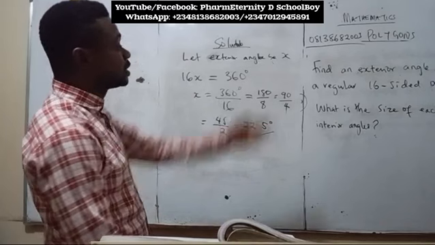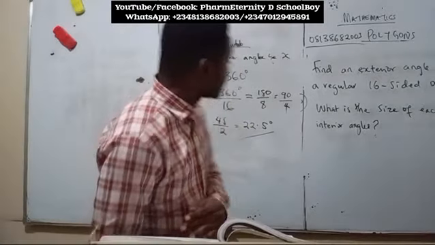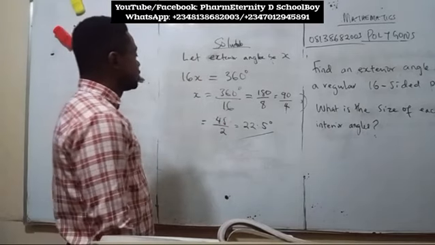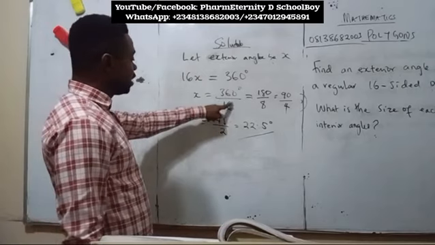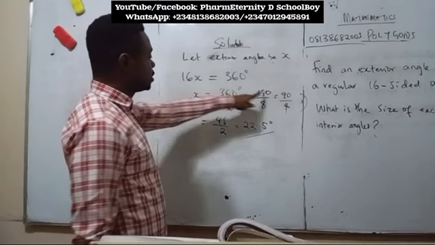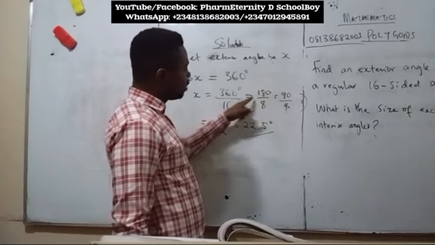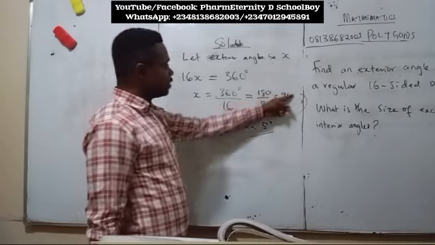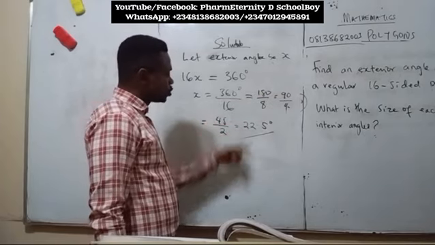This is a 16-sided polygon. I hope my question is correct. 360 divided by 16 will give us 22.5. 16 divided by 2 is 8. 360 divided by 2 is 180. 8 divided by 2 is 4. 180 divided by 2 is 90. 4 divided by 2 is 2. 90 divided by 2 is 45. 45 over 2 is 22.5.